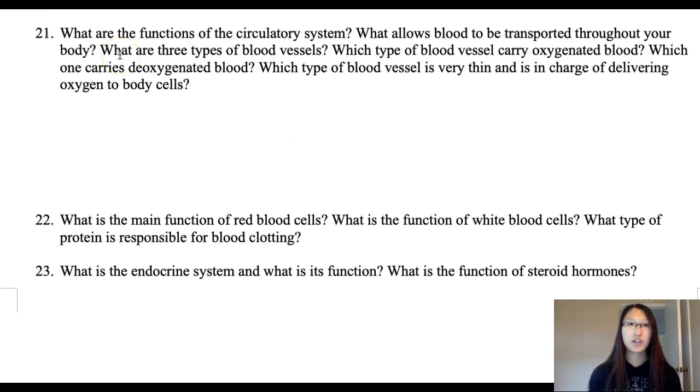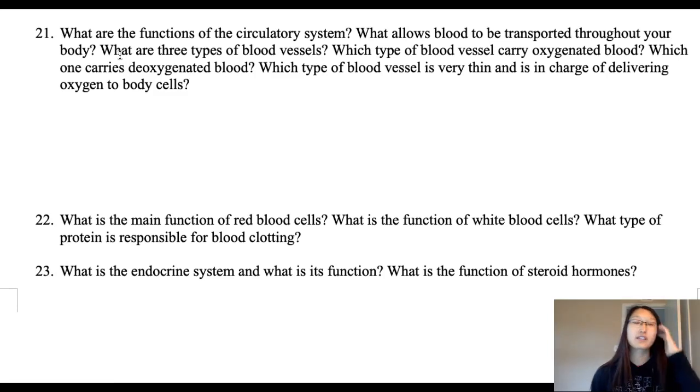Now we're moving on to the circulatory system. What are the functions of the circulatory system? So I think of it in two different ways. One is that it helps bring in nutrients and get rid of waste. So the circulatory system is not just to bring all the nutrients throughout your body, it also picks up the waste so that it can be eliminated out of your body as well.